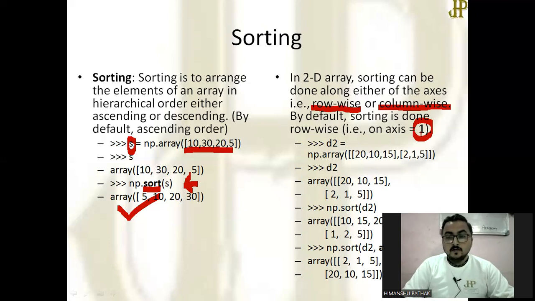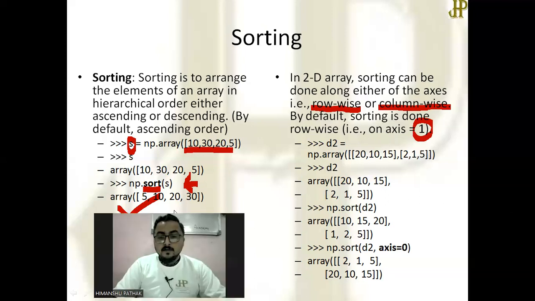So here it is very clear to you, a two-dimensional array is created, that is 20, 10, 15, 2, 1, 5. I have done the sort on the 2D array but did not supply any axis value. So by default, the value will be 1, that is row wise.